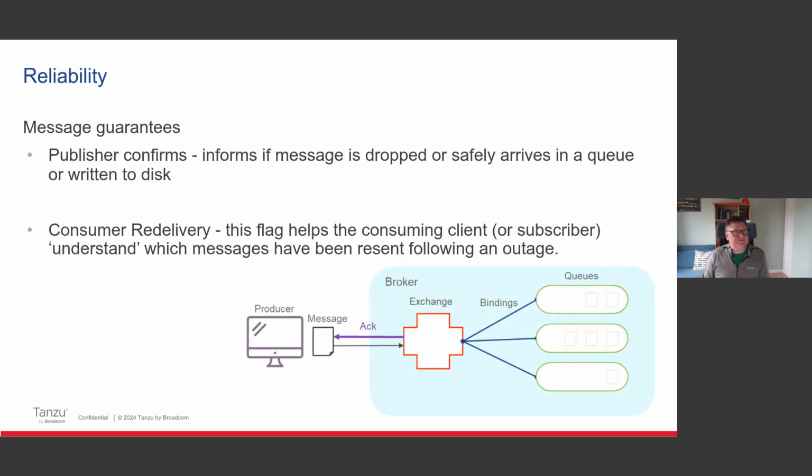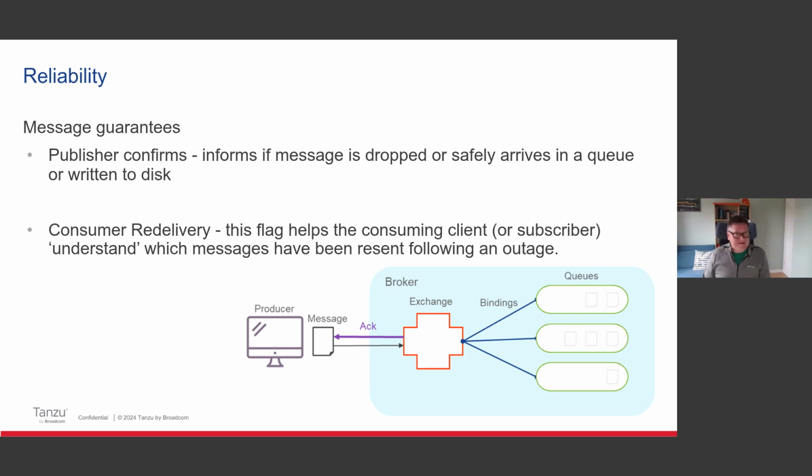Moving on from this, the reliability of getting messages from publisher to consumer. Publisher confirms is a mechanism that ensures messages are delivered safely. In the event of a restart or a connection drop, messages that haven't been successfully acknowledged can be resent by the publisher.